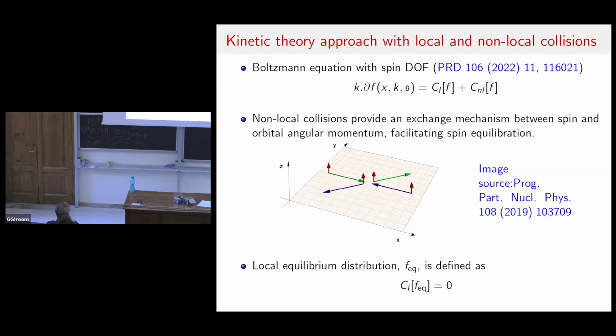Suppose we consider two spins which are in the up state. If there is a separation between them, then you have a non-zero orbital angular momentum, and this may lead to a spin flip process. So the non-local collisions essentially facilitate spin equilibration.